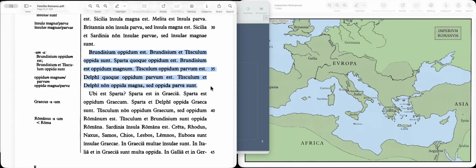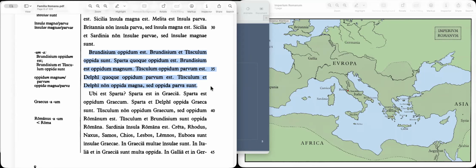It's like the U in put or look. Okay, oppidum. That's actually a hard word, but yeah, go ahead. Brundisium oppidum est.